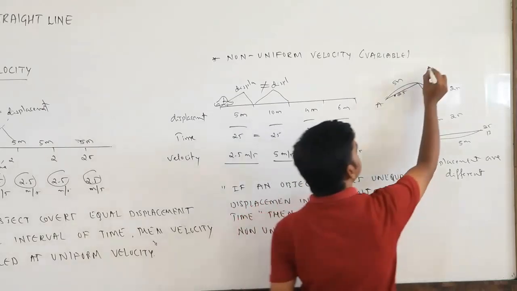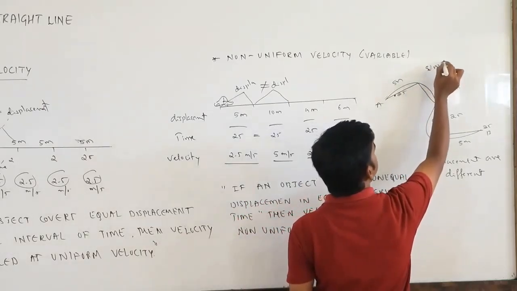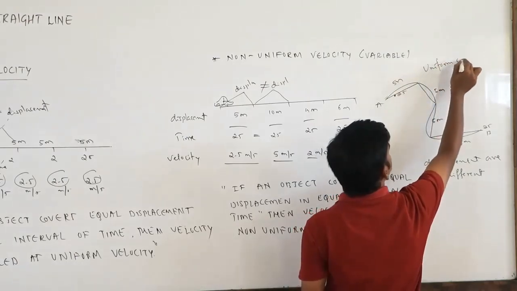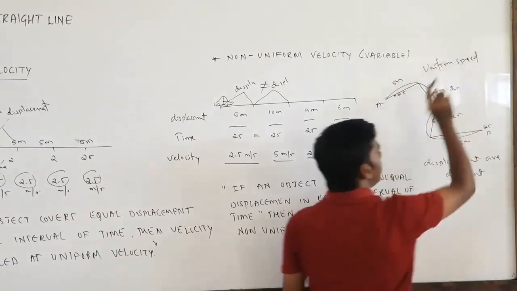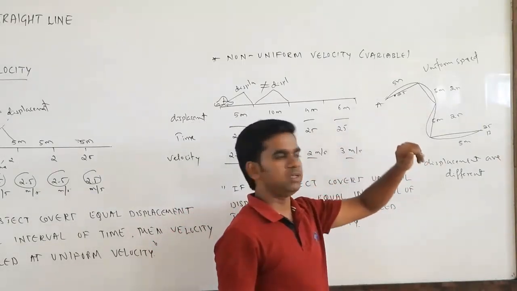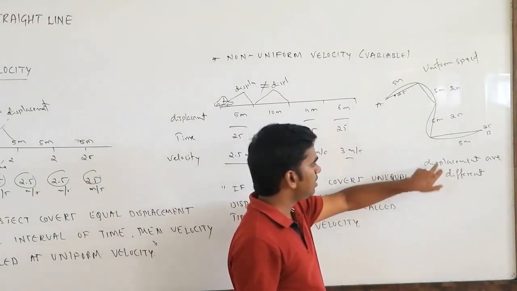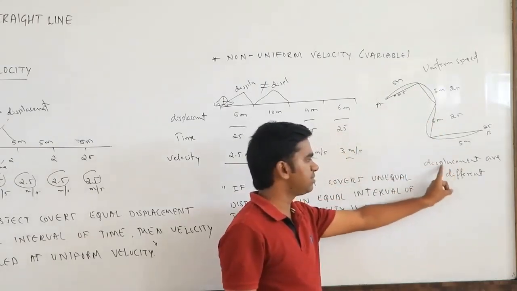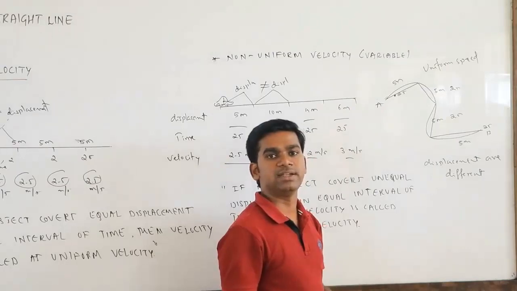Here speed is same. This is uniform speed. Getting it? This is uniform speed, but not uniform velocity. Why? Because direction is changing continuously. Why are we getting different displacement? Because direction is changing continuously.